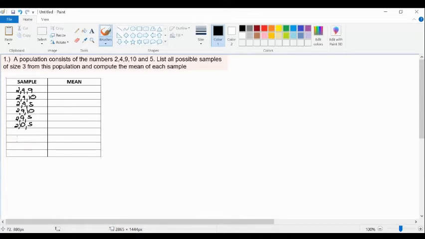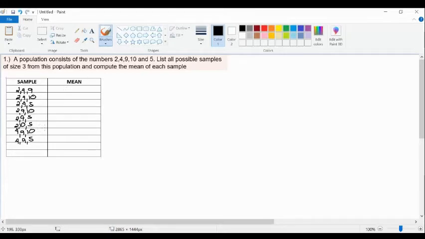Okay, let's go to number 4. We have 4, 2, 9, but we already have 2, 4, 9, so it's just the same. We will have 4, 9, 10. We will also have 4, 9, 5.